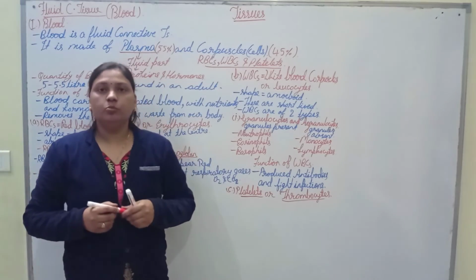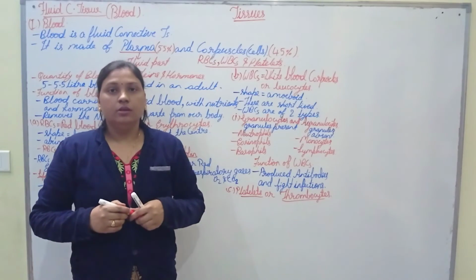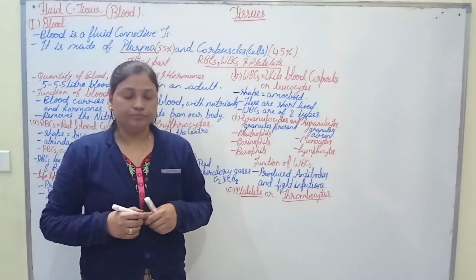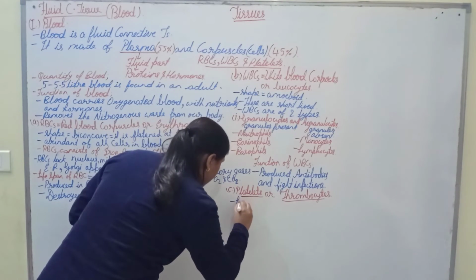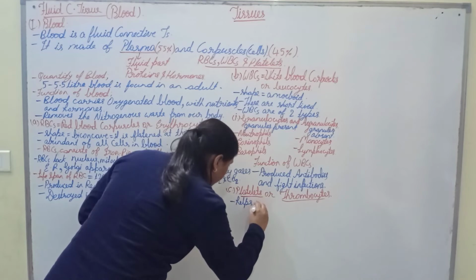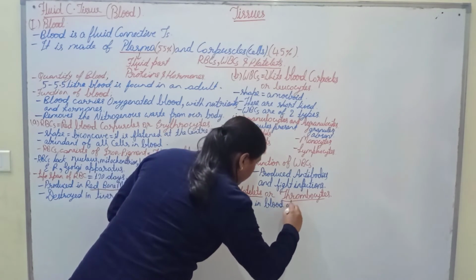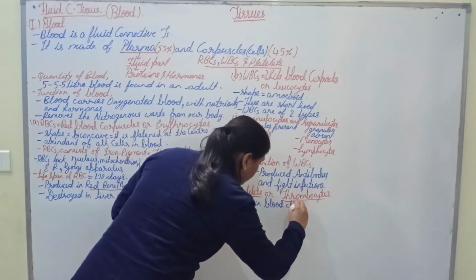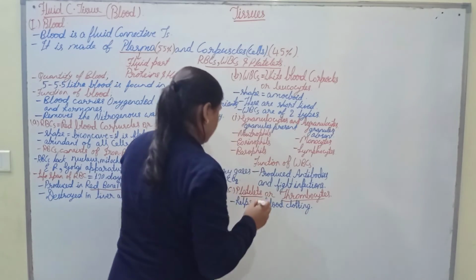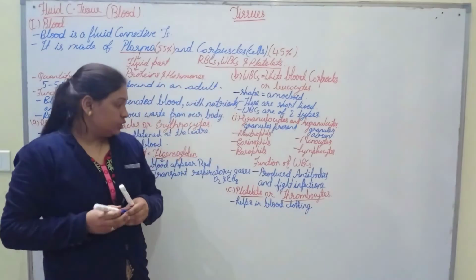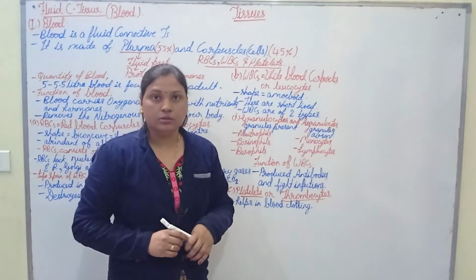These platelets or thrombocytes are a very important component of blood as they help in blood clotting. Whenever there is bleeding, platelets or thrombocytes help in blood clotting.